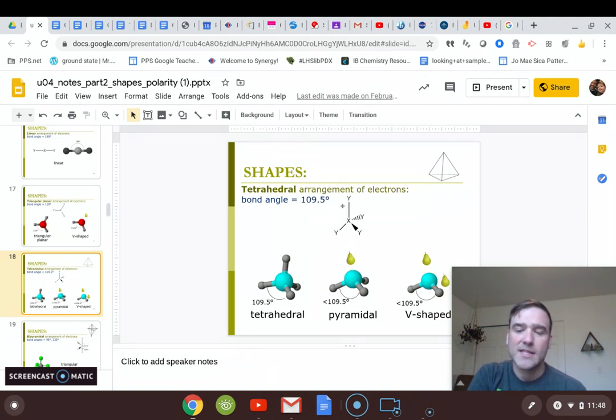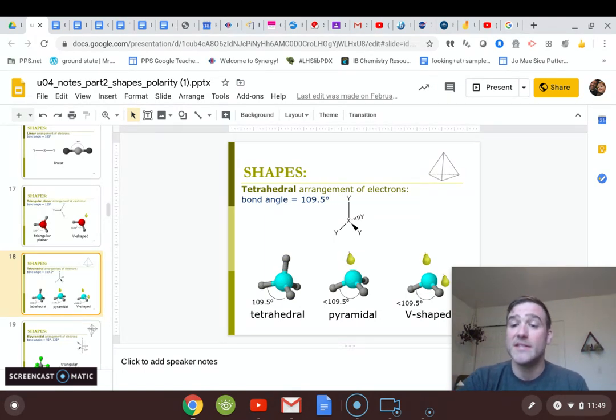Each line is in the same plane, and then this little dash part of the notation is intended for you to think that it's going back, like into the computer screen behind the central X atom. And then the wedge that's bold is intended for you to imagine that it's coming out at you. It's coming out of the screen in front of the X. Again, tricky when you're looking at 3-dimensional things in a 2-dimensional format. Sometimes you have to have little notations to help you do it.